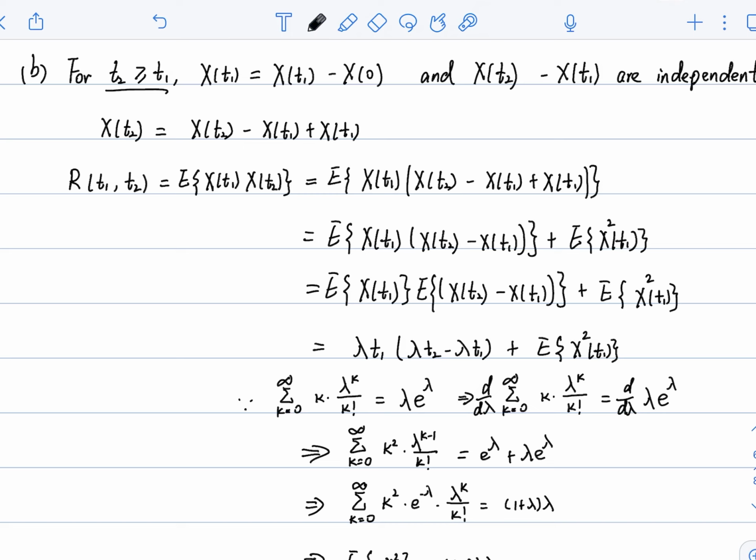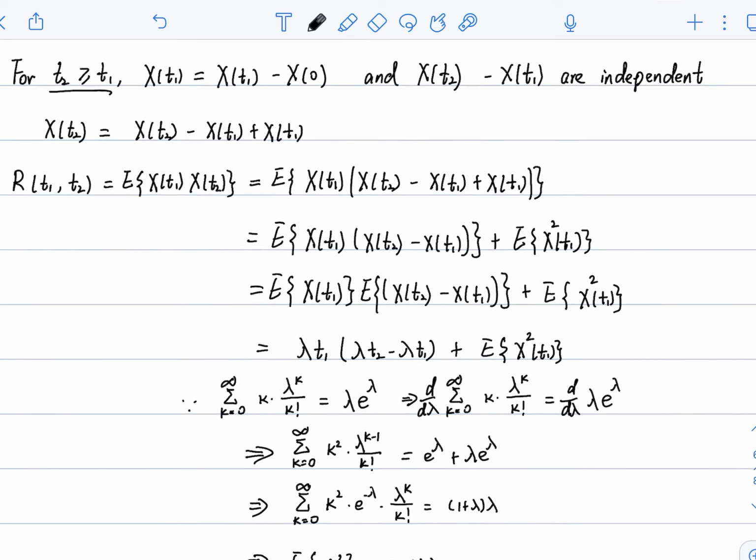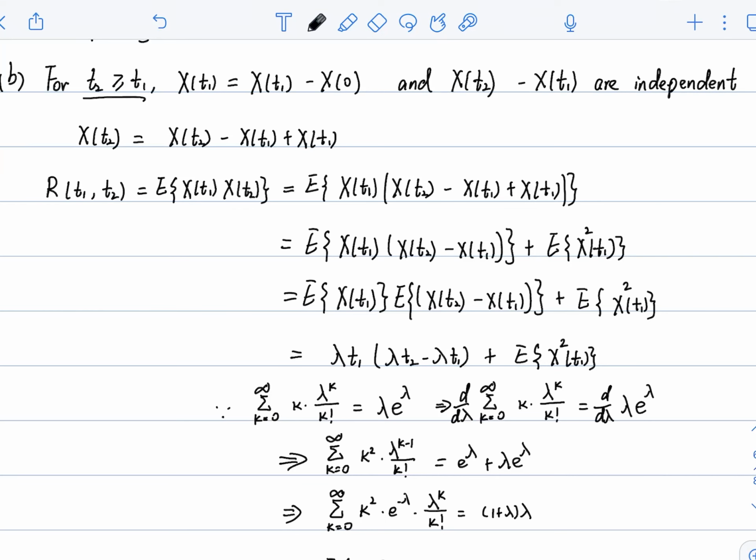By the definition, X(t1) is equal to X(t1) minus X(0), which is defined by property 3. And X(t2) minus X(t1) is one sample of the Poisson process, and these events are independent.